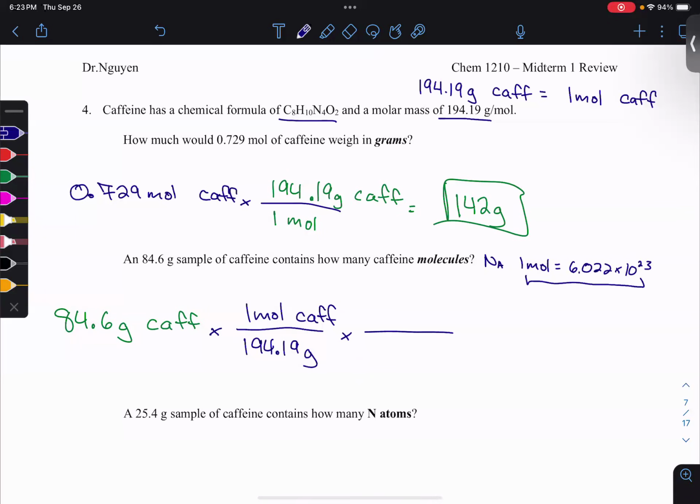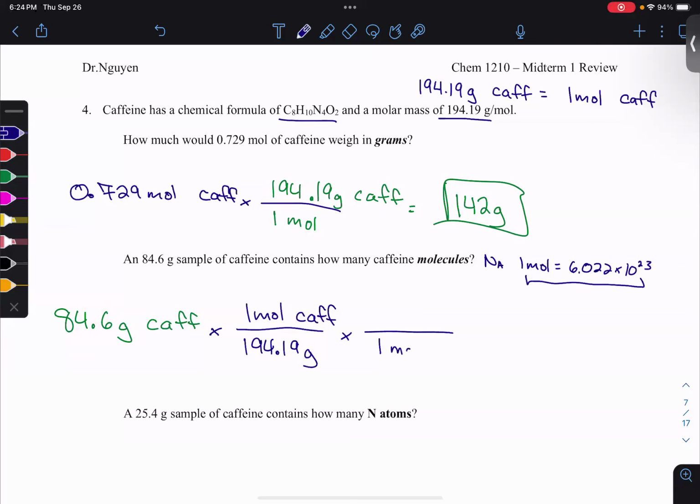And so we're gonna use this conversion. Be very careful of how you write your units. Notice that I'm writing moles of caffeine. Mole can be very easily confused with molecule, all right? But they're not the same. So I actually write out the full word molecule.